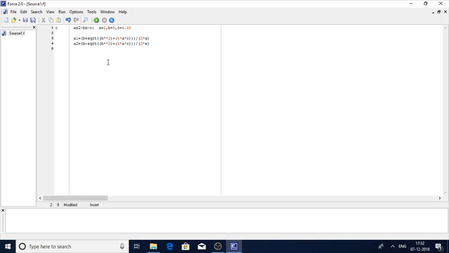Let me introduce the read command here, so I can put any values of a, b, and c wherever I want. First I have to write real in that case. Real of a, b, and c. All right.